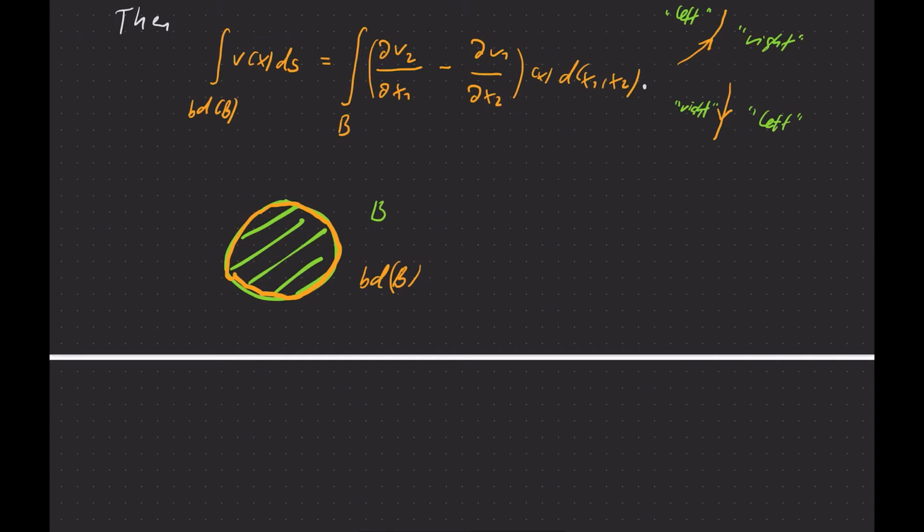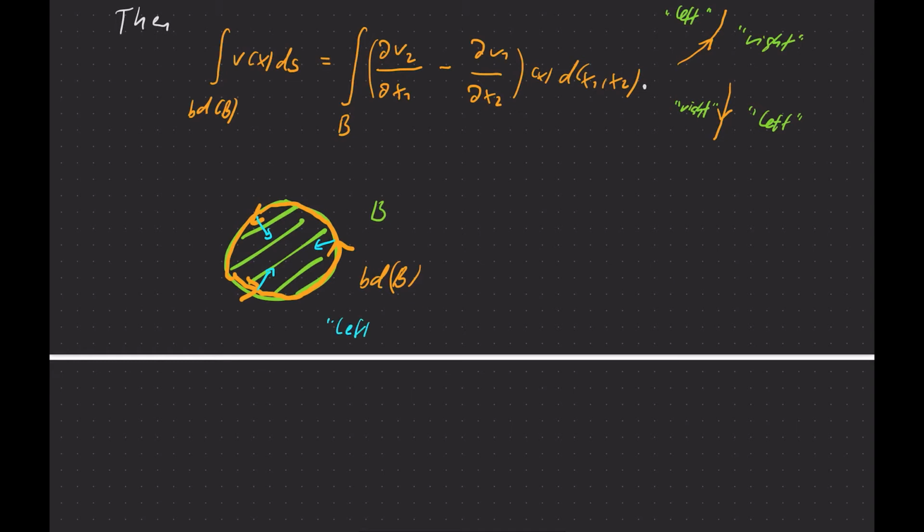And basically the only thing we have to pay attention to is the direction of movement. So we can move along the boundary in this direction here, and that will ensure that the set B itself is to the left. Yeah, if you're standing here, then this is left, this is left here, this is left here.